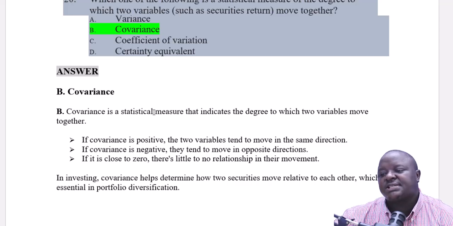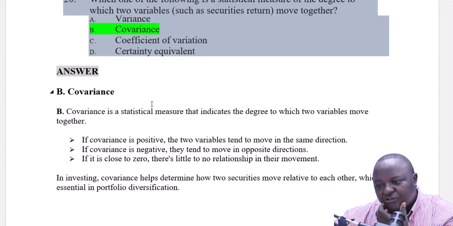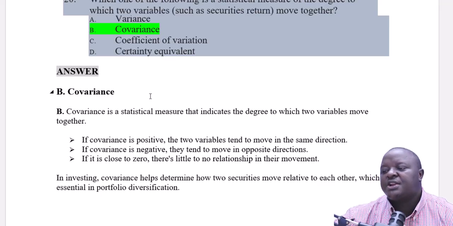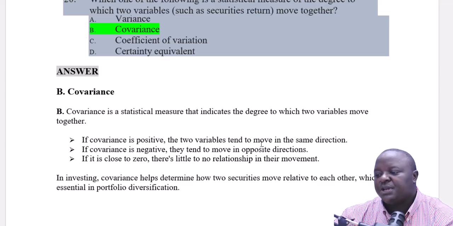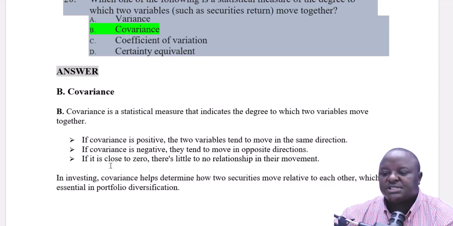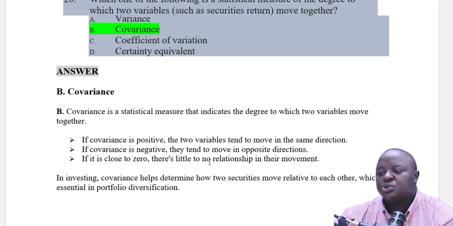Covariance is a statistical measure that indicates the degree to which two variables move together. If covariance is positive, the two variables tend to move in the same direction. If covariance is negative, they tend to move in opposite directions. If it's close to zero, there's little or no relationship in their movements.